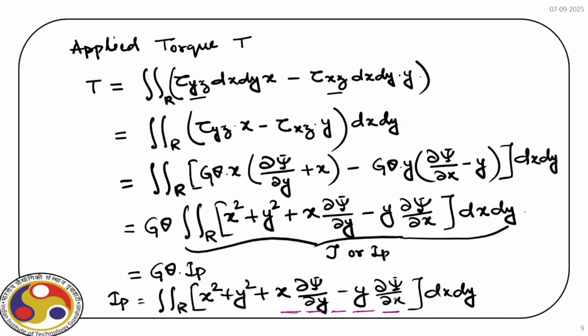If you recall, for a circular shaft without warping, we use this x square plus y square dx dy. This is the expression we use to find out polar moment of inertia, right? So we have only one correction arising because of warping. Otherwise, the expression that we get, T is equal to G theta IP, is again the same that we derived earlier, right? Okay. Now let us take an example.